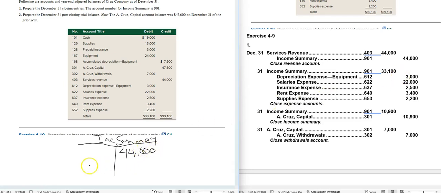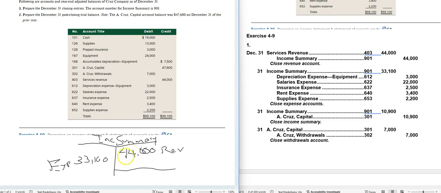My second closing entry debited it for $33,100. I credited this account for the amount of revenues, and I debited this account for the amount of expenses. The difference between the revenues I credit in there and the expenses I debit in there will leave me with a balance in this account.